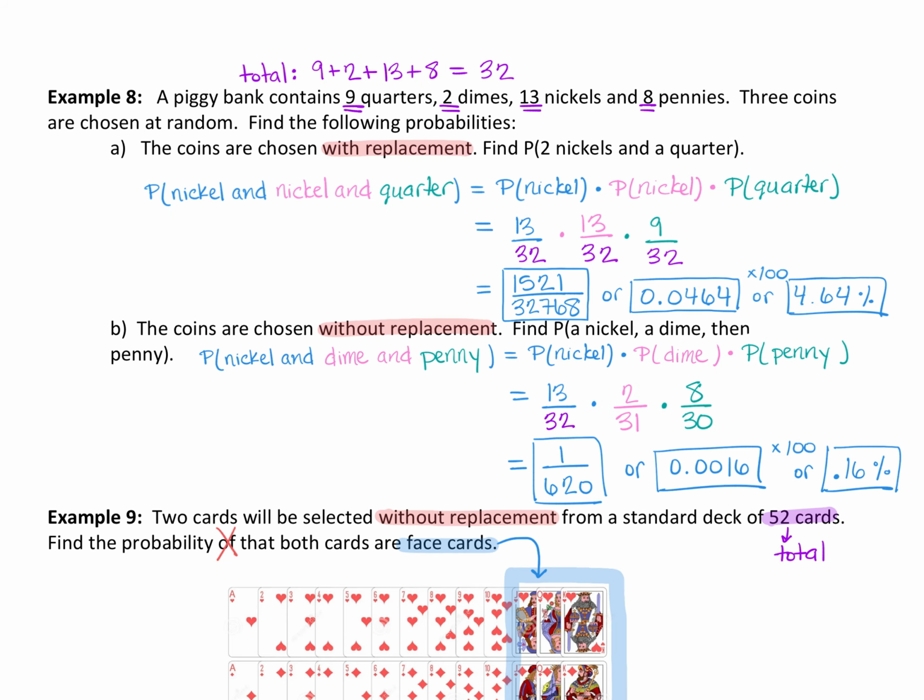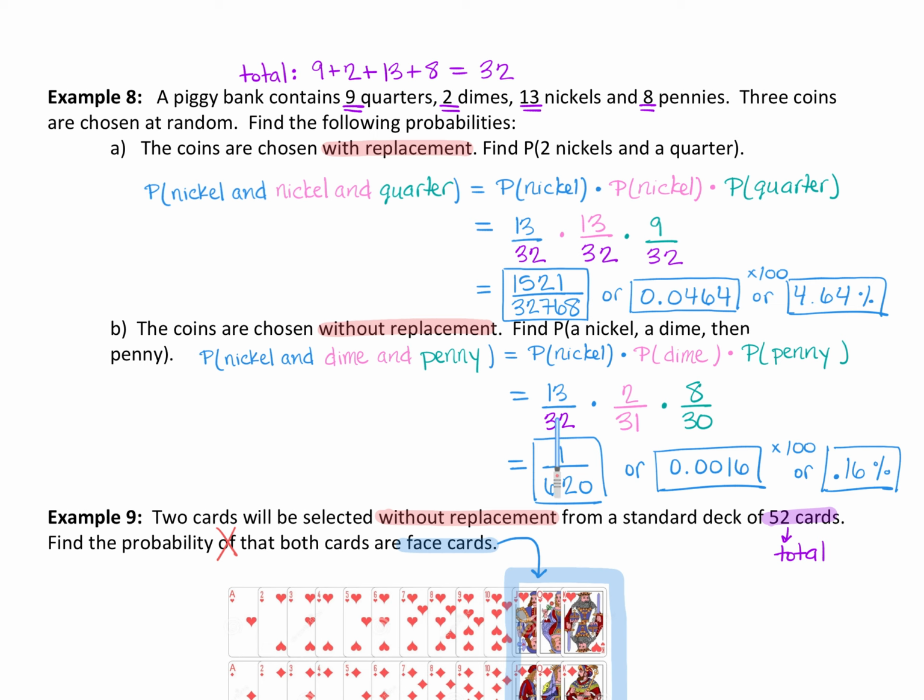All right, because this one is with replacement, our denominator stays the same. If you draw out one of the coins from the piggy bank, you're going to put the coin back into the piggy bank, so there always stays 32 coins in the piggy bank. But now with this one, it's without replacement, meaning once you draw a coin out of the piggy bank, you don't put it back in the piggy bank.